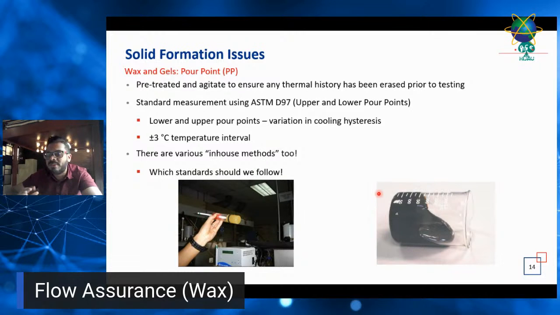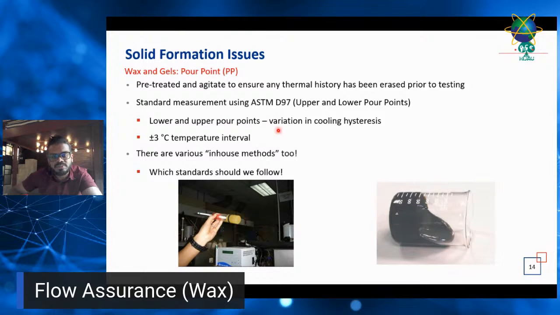So the measurement of your pour point in the lab is very conservative, all right? Because if it's a live fluid where you have a solution gas, then your pour point might be even lower than the measurement, because your solution gas itself helps to inhibit the pour point, to decrease the pour point.